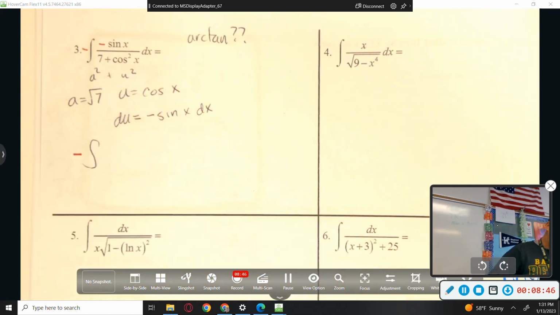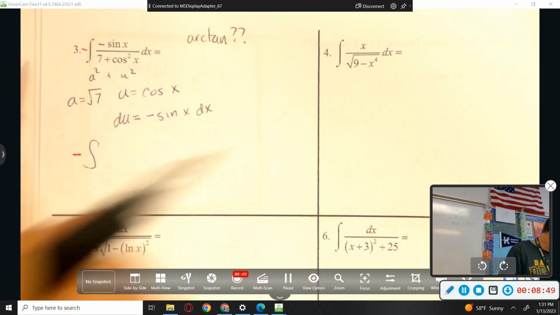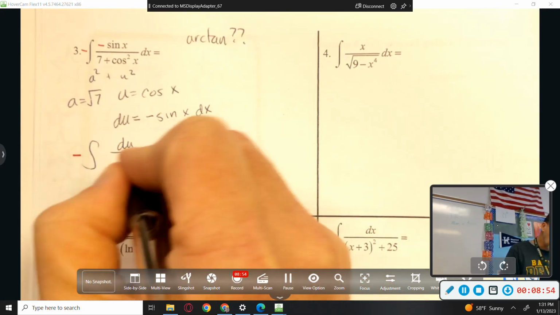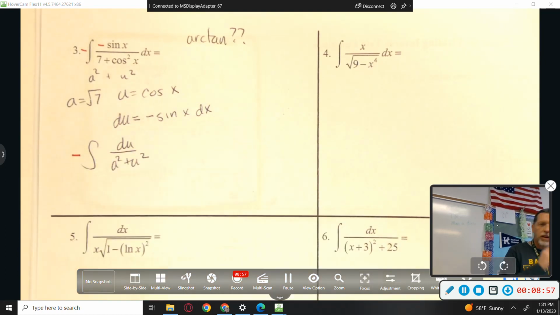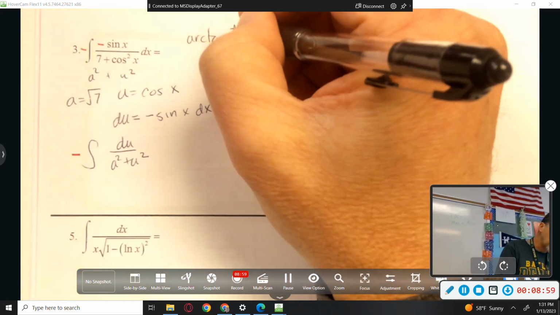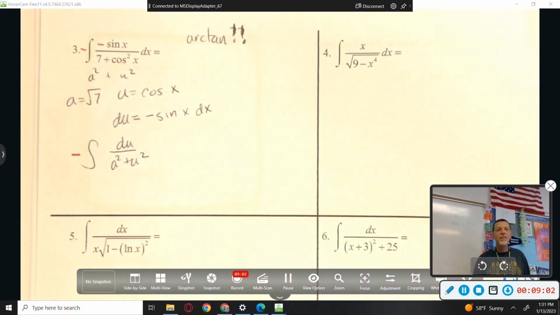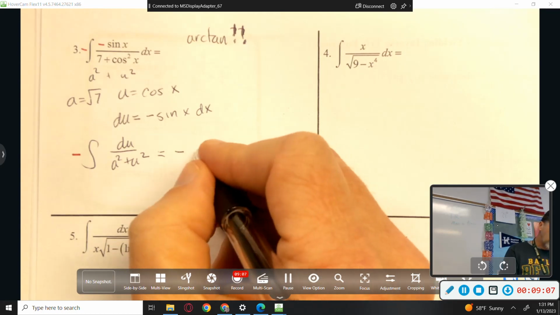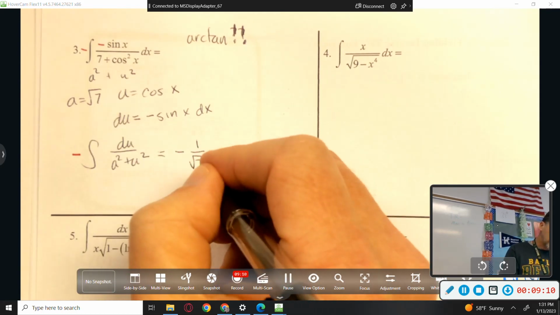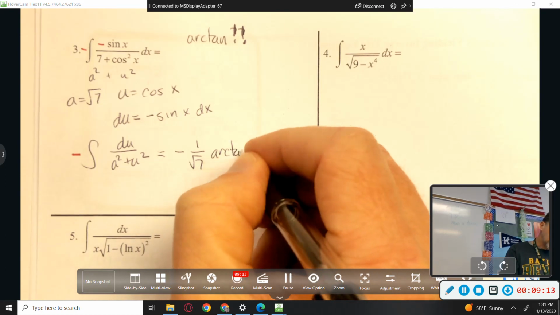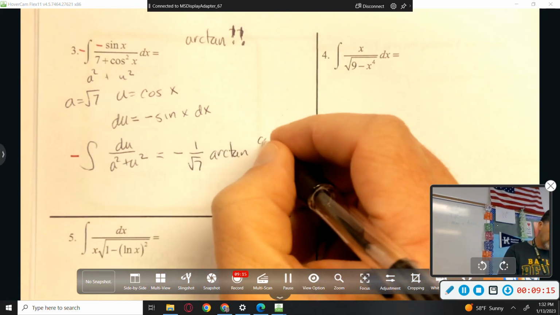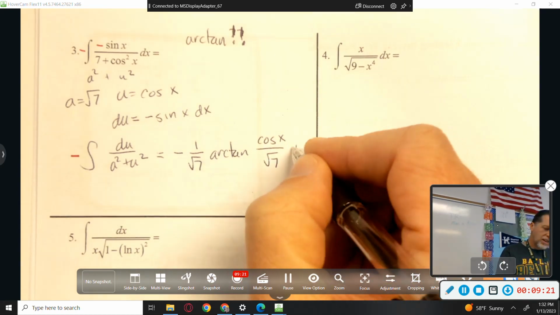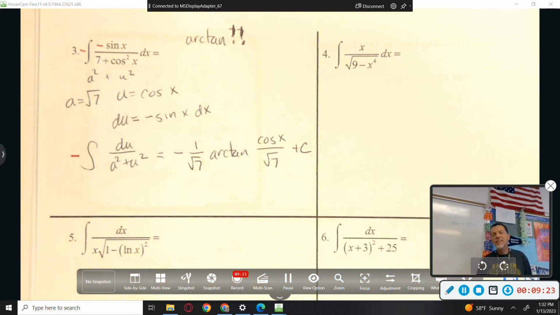So negative antiderivative: du over a squared plus u squared. So now that's definitely arctan. So instead of a question mark, it's an exclamation point. Yes, arctan. How exciting. So negative 1 over a, 1 over square root 7, arctan of u over a, cosine of x over square root of 7, plus c. Don't touch it.